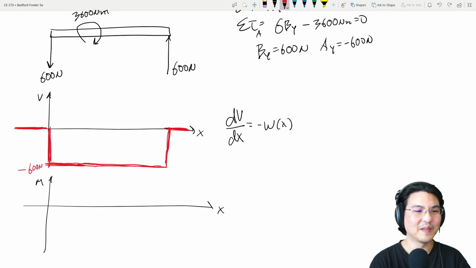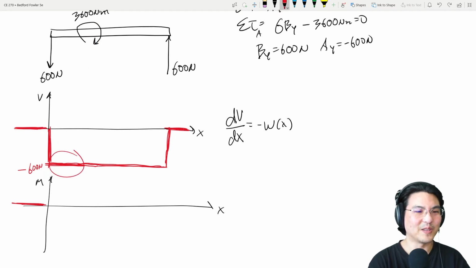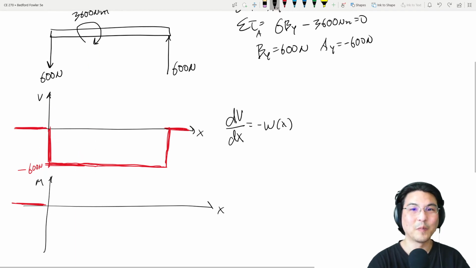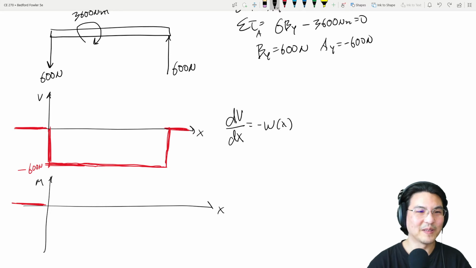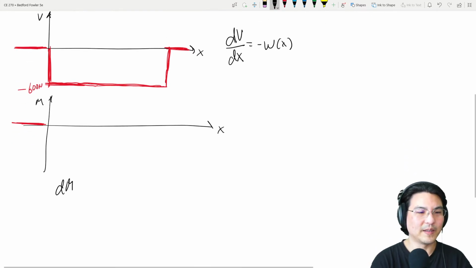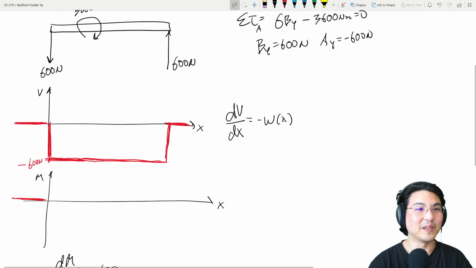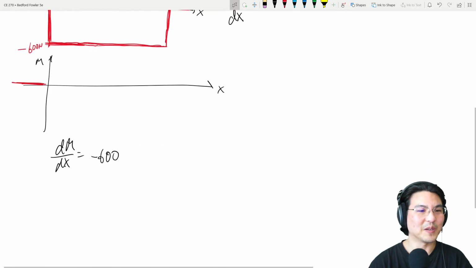But then from here to here, we have this shear of negative 600. And the relationship is like this: dM/dx equals V, which in this example was negative 600. This is between 0 and 2 meters.